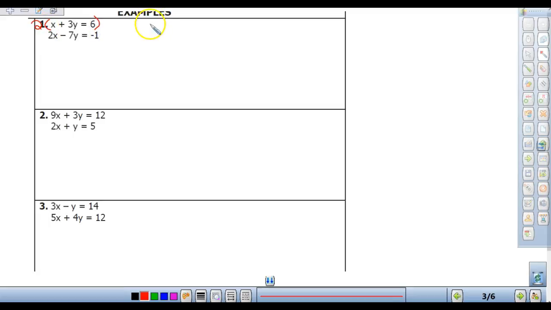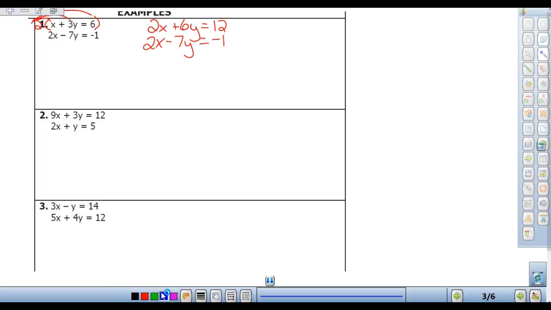So if I multiply the top by 2, what do I get? 2x plus 6y equals 12. Good. Make sure that you are multiplying it to all 3 things. Okay? Then on the bottom, I still have 2x minus 7y equals negative 1.